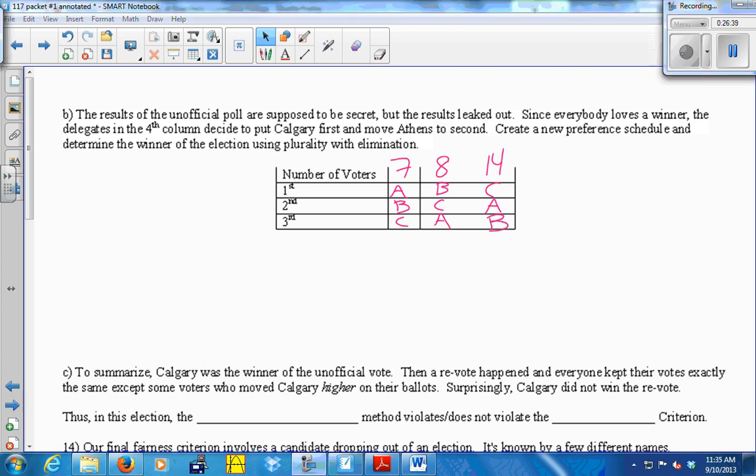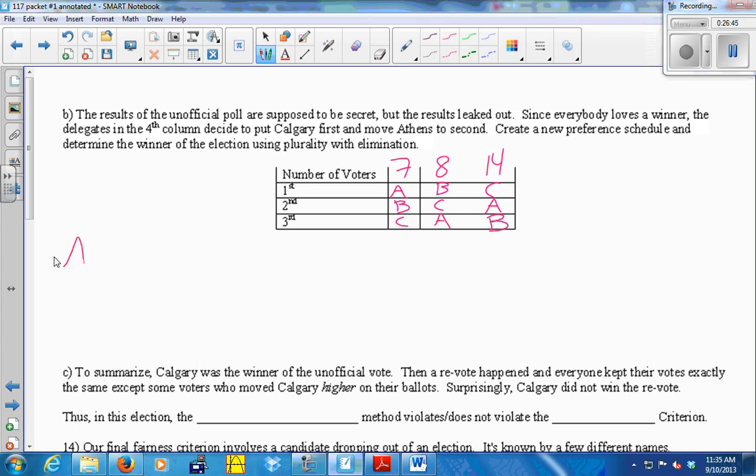Who wins now? B, right? We need 15 votes for a majority, right? So we count up the first place votes. A has 7, B has 8, and C has 14. No one has a majority. Who gets eliminated? A. A gets eliminated. And we decide who gets A's votes by looking at the preference schedule.